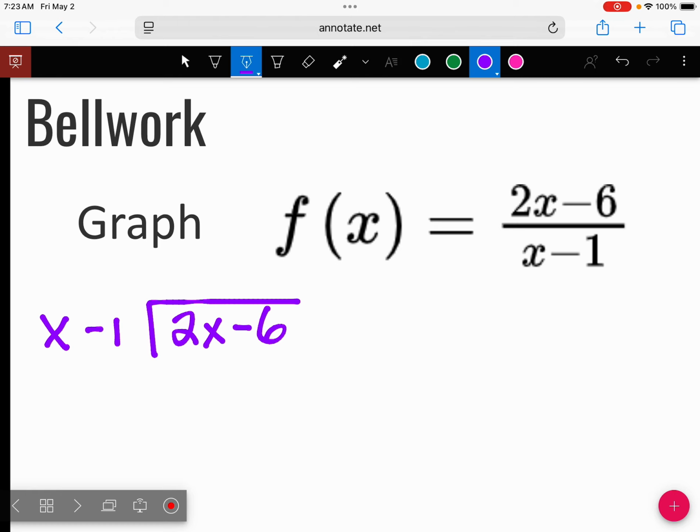So what's going to go on the top when we divide this? Up here, a 2. 2 up here. Then we take that 2 times our whole factor and put it underneath.